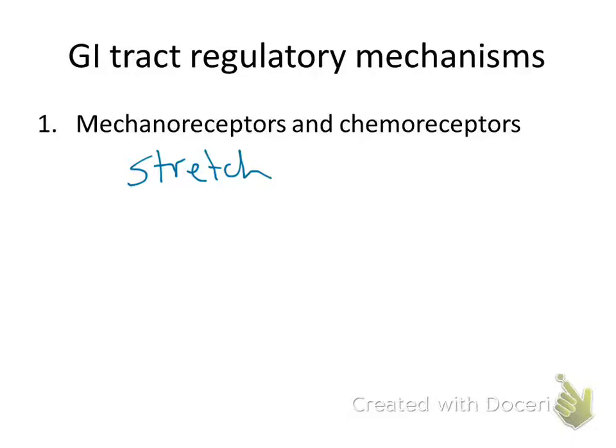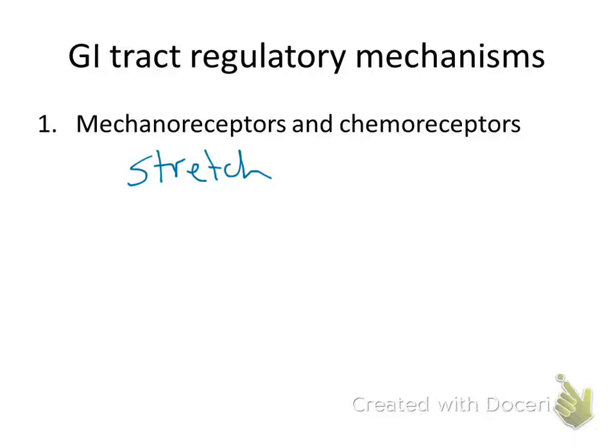And that's partially to make sure that stuff doesn't get overstretched, kind of like what we talked about in the lungs. Like we know the stomach has to expand and stretch as it fills with food, right? That's why we had to learn about the rugae in the stomach. But they're going to do more here.